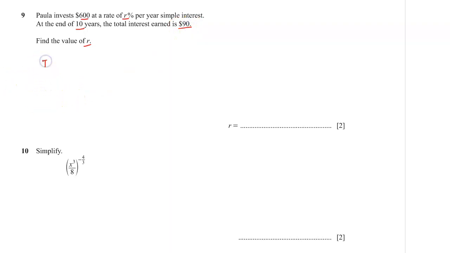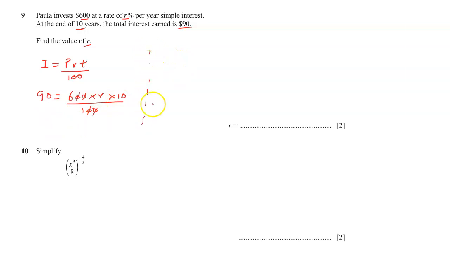We know from this equation that interest is equal to principal times rate times time in years divided by 100. Therefore, we substitute the values. Interest is 90. Principal is 600 times R times 10 years divided by 100. These zeros will cancel, therefore 60R is what we get.